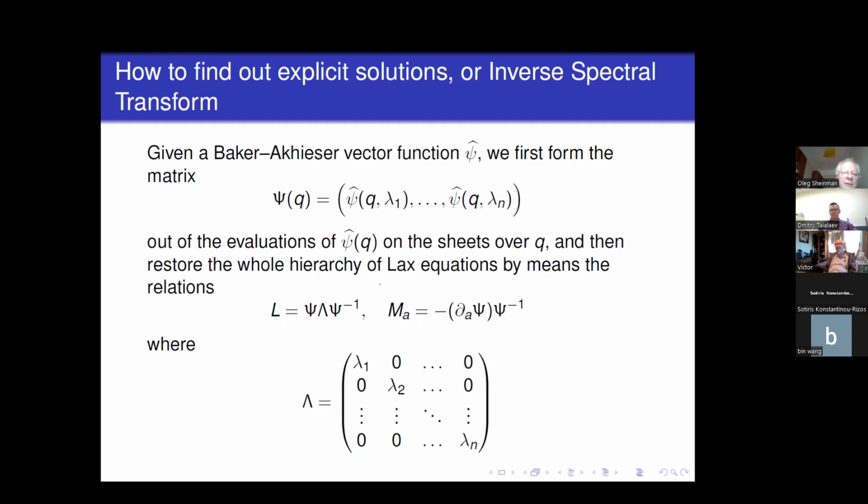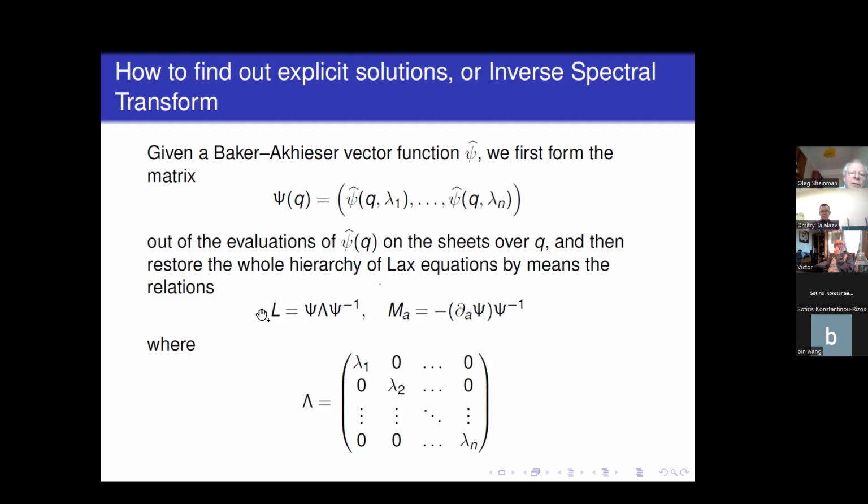I will not write it here, but there is a formula going back to Igor Krichever, which gives an explicit expression of psi hat via theta functions.